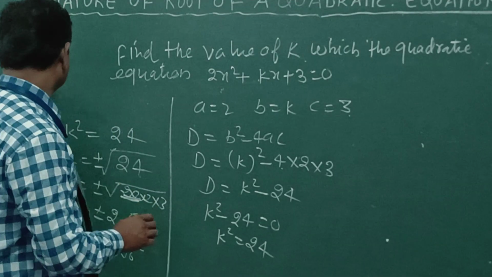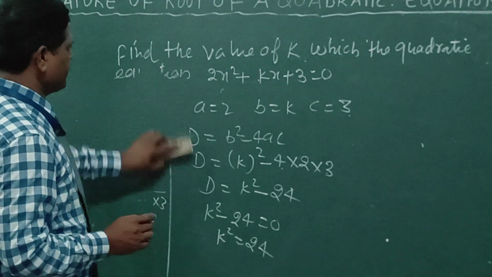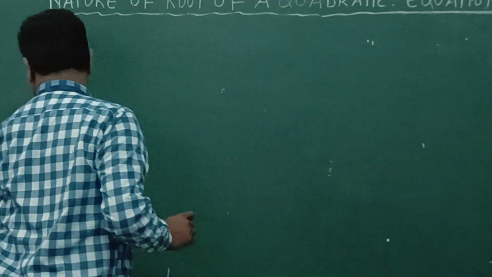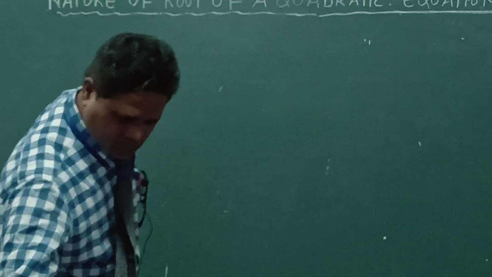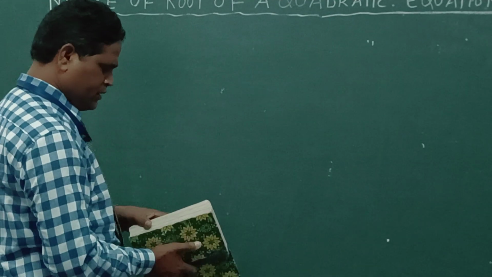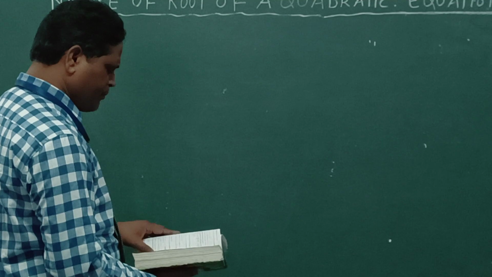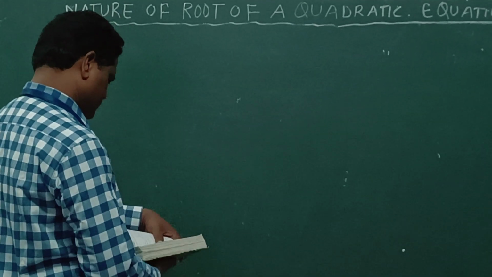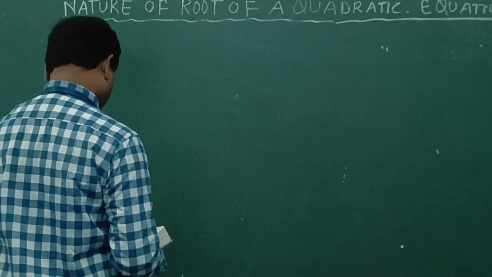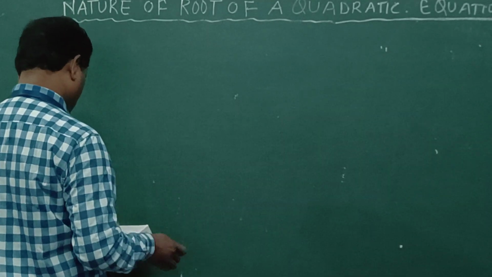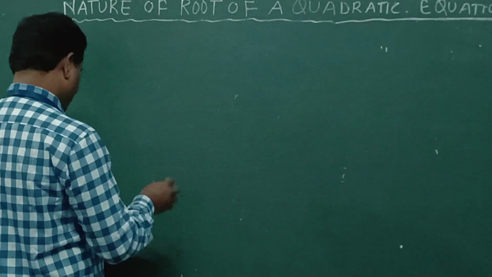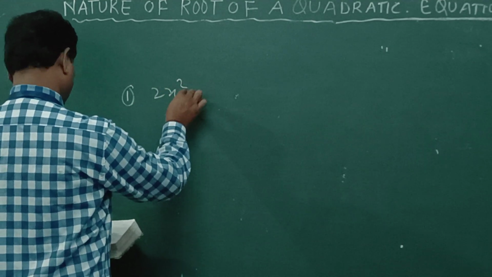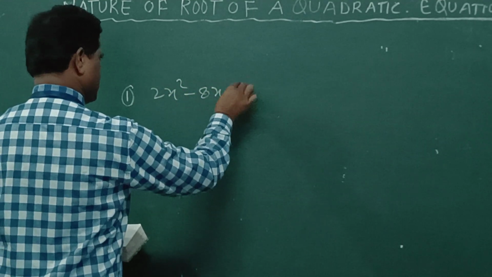Next question I am taking from the quadratic equation. Suppose the question is given: find the nature of the roots of 2x square minus 8x plus 5 equal 0.